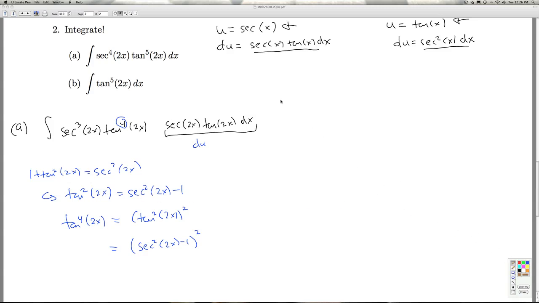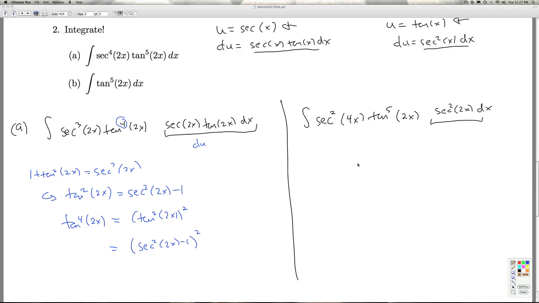In this particular case, it's also possible to keep back the secant squared. Is it possible to do that and convert everything left over into tangents? Well, it turns out it is, because if you keep a secant squared back, I now get secant squared 2x, tangent to the fifth 2x, secant squared 2x dx.